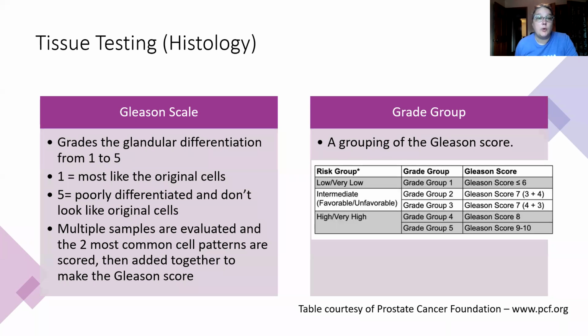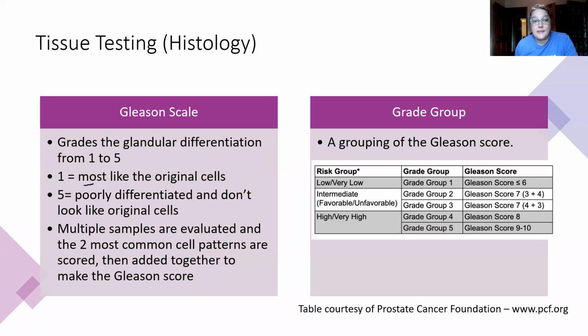So grade 1 is that they look the most like the original cells. A grade 5 is they don't look very much at all like what prostate cells should look like.